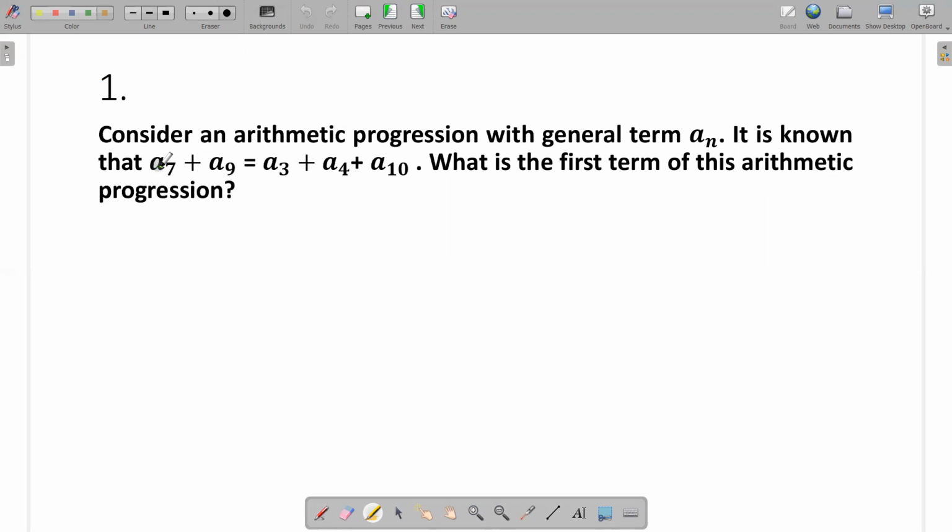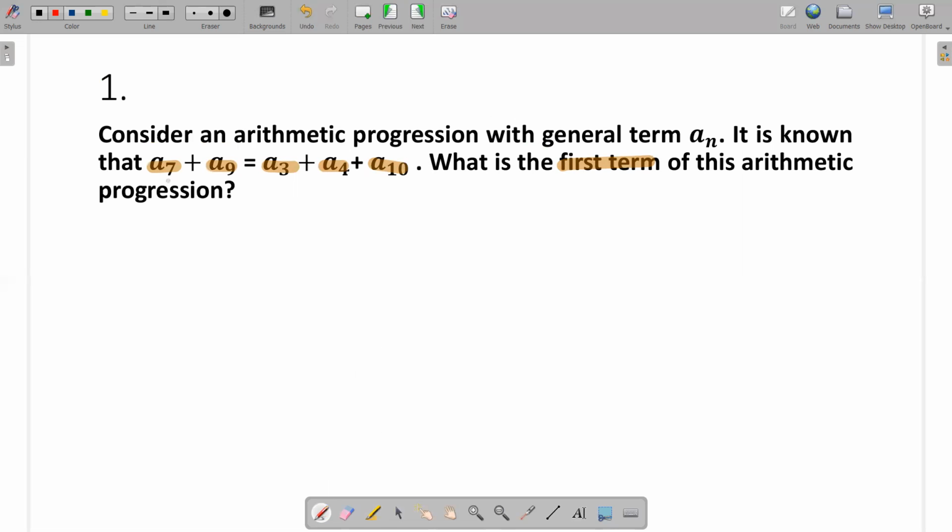You are also informed that the 7th term and the 9th term, if you add them, is equal to the 3rd term plus the 4th term plus the 10th term. You are asked to find the first term of this arithmetic progression.